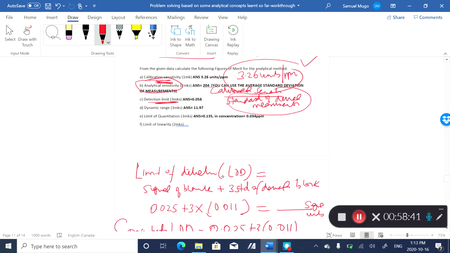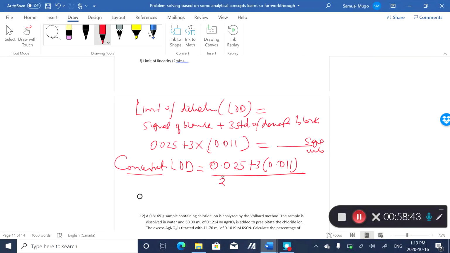And I think we had it before at 3.26, in units per ppm, and then you can see the answer that you get is going to be in ppm, and that's why we are calling it the concentration limit of detection.